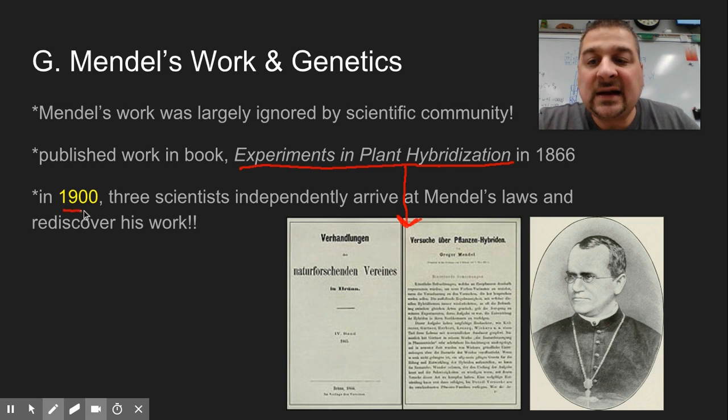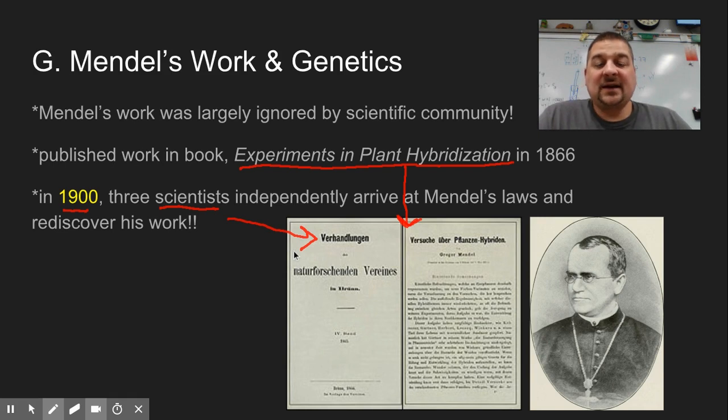When in 1900, 3 botanists or scientists independently, in crossing different types of plants, came up with similar ideas. And then they were looking through different literature, and they stumbled upon Mendel's book here. And they're like, oh my goodness, this guy had it right 50 years ago. And so it wasn't until the early 1900s that Mendel really got his due.